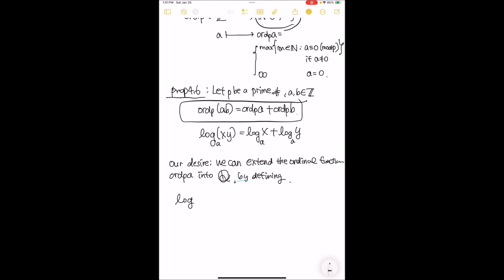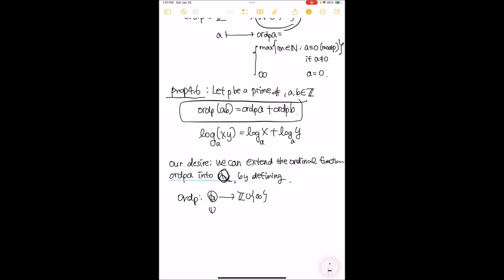Because it's a rational number, we can find ord_p(q) here.